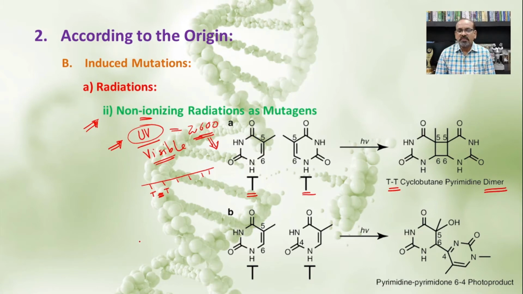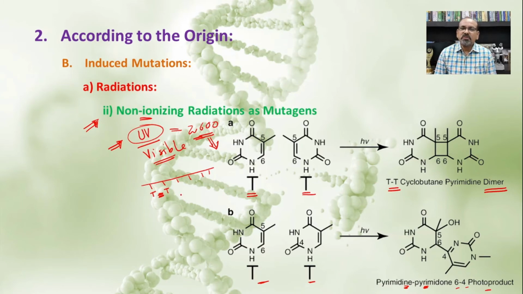In a similar manner, there is also a formation of the pyrimidine 6,4 photoproduct, which is again a dimer. Such thymine dimers are formed.